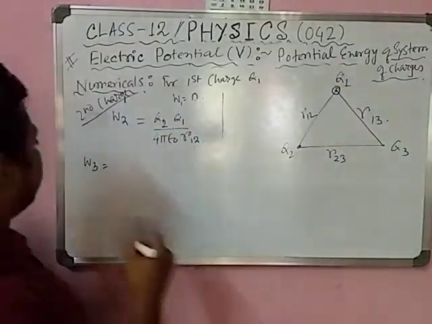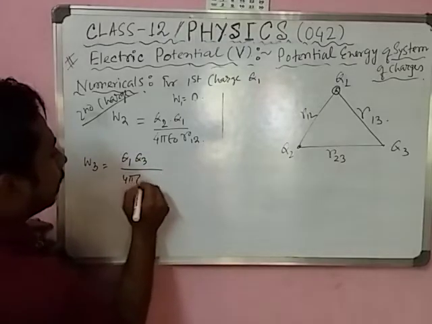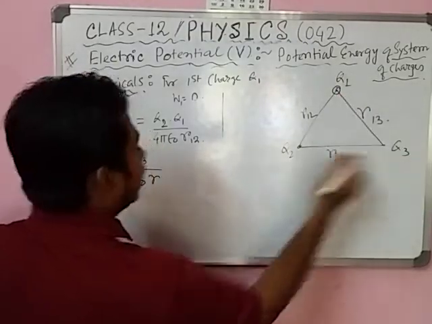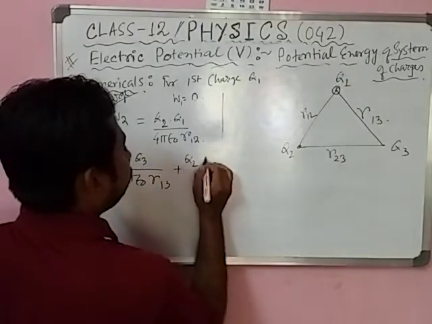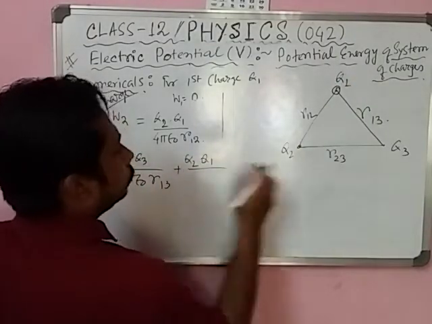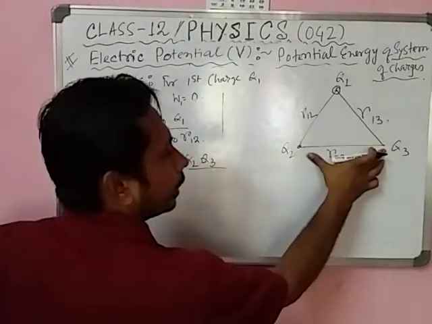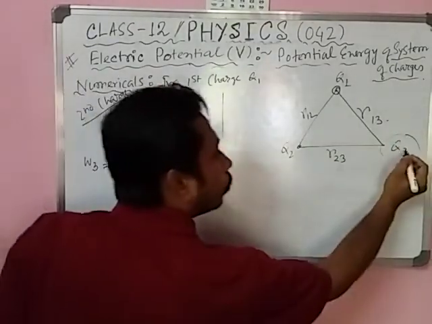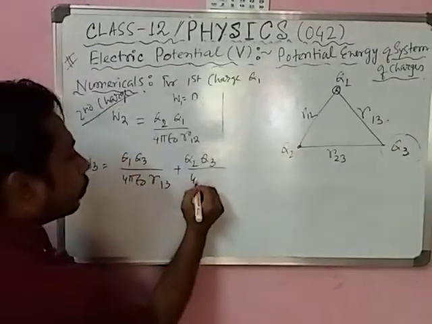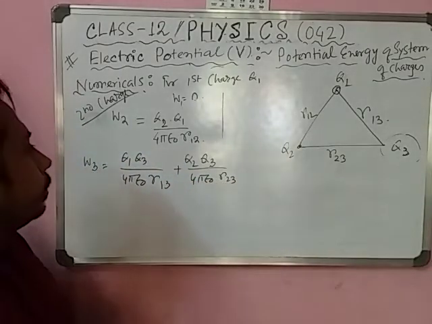So you can write Q1 Q3 by 4 pi epsilon naught R13 plus Q2 Q3 by 4 pi epsilon naught R23, since you are bringing Q3. Then what are you going to do?